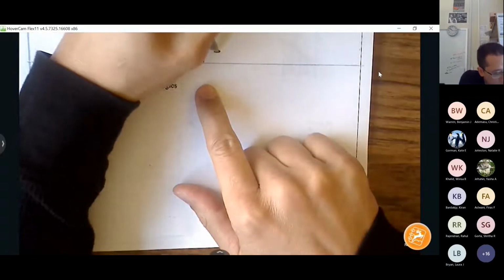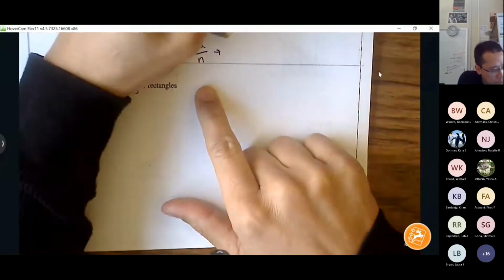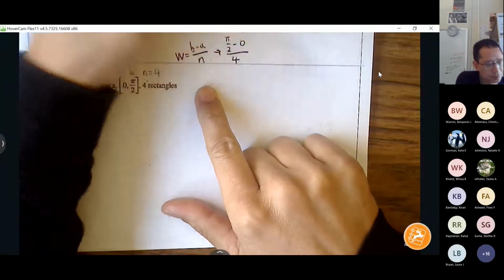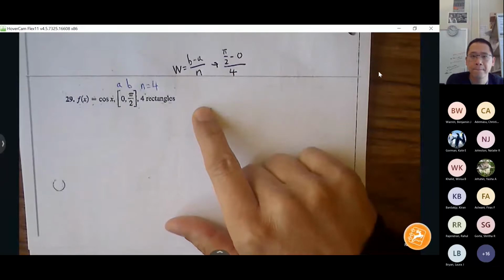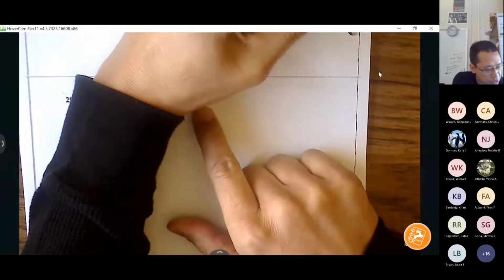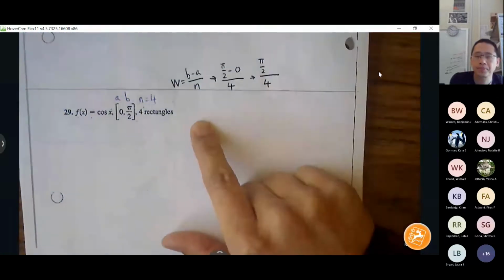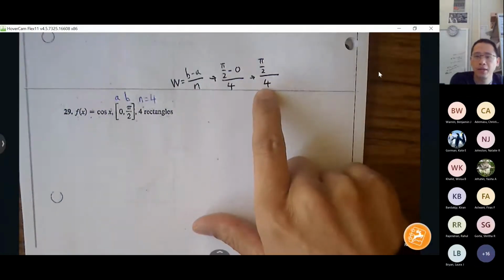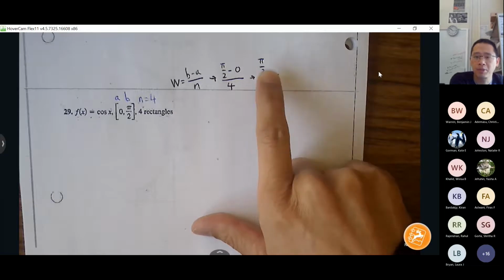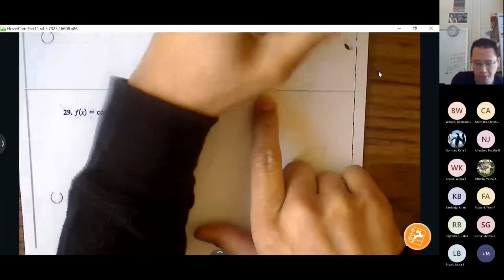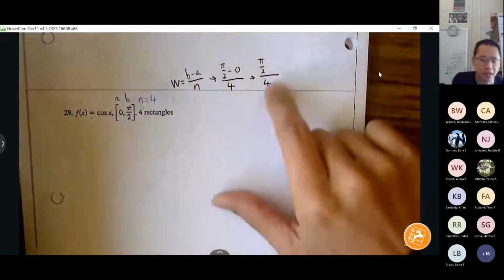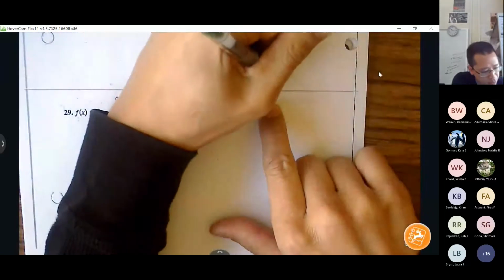So the width is pi over 2 minus 0, all over 4, which is just pi over 2 all over 4. Dividing by a value is the same thing as multiplying by the reciprocal, so to get that complex fraction resolved, multiply by 1/4.